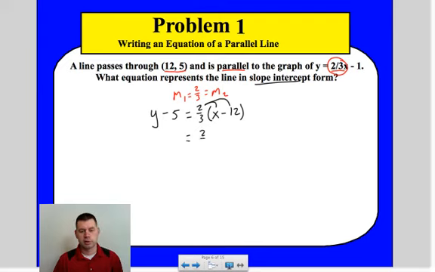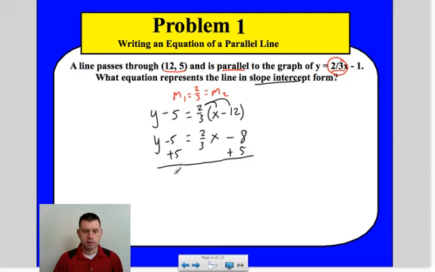We're going to get 2/3x, which is your mx. And then 2/3 times 12 is going to be 2 times 12, 24, divided by 3 is 8. And then we get y - 5. We're going to add 5 to both sides. Remember, what we do to one side, we must do to the other. So we add 5 to this side, we have to add 5 over there.